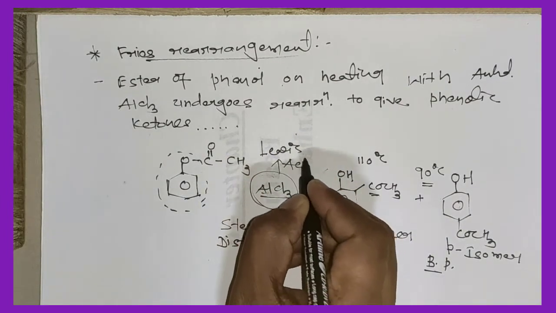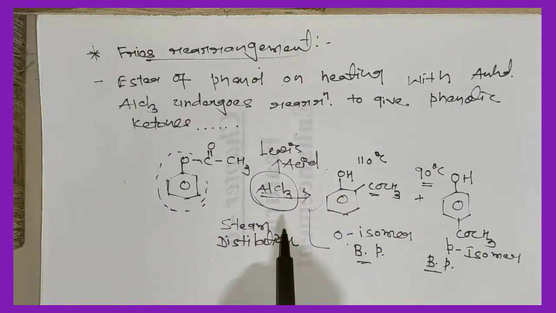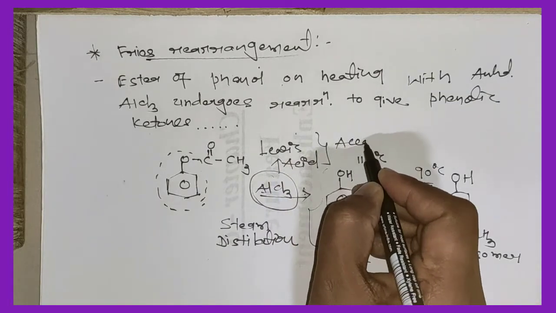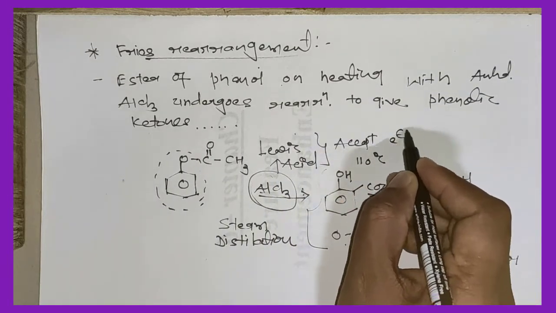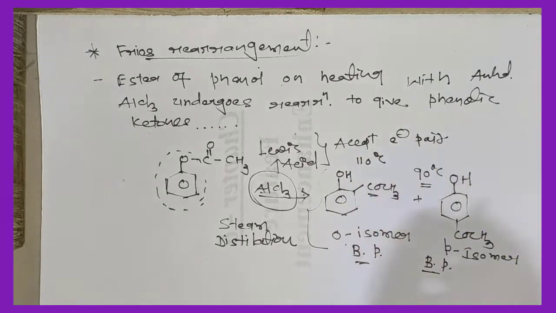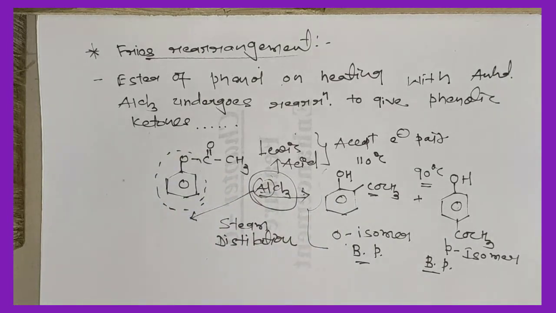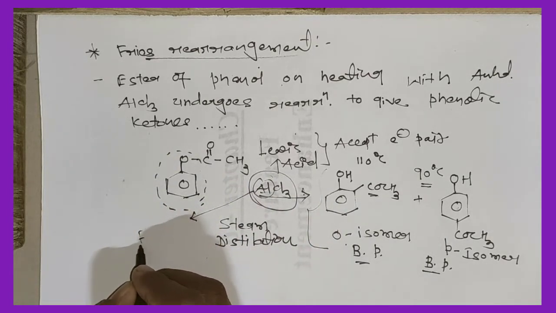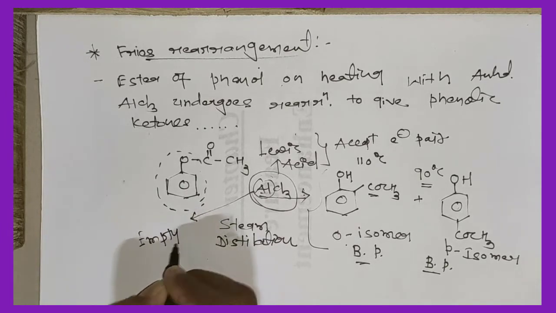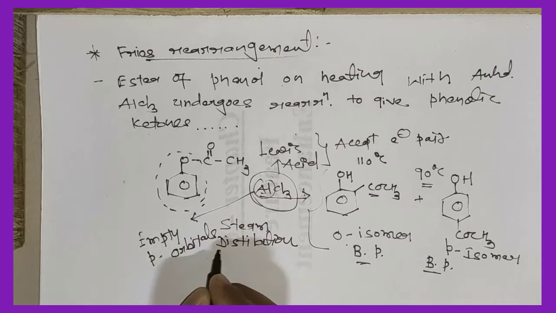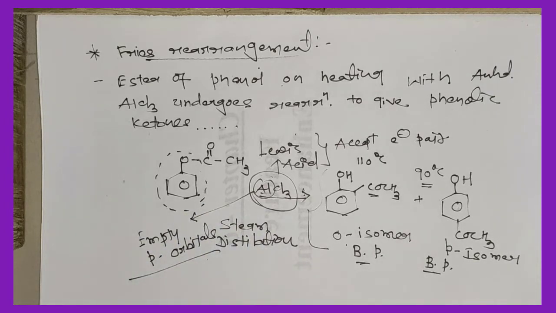Now one important thing is that here aluminum chloride acts as a Lewis acid. As we know, a Lewis acid always accepts the electron pair. Why does it accept the electron pair? Because aluminum has empty p orbitals. If we write down the electronic configuration of aluminum, we realize that aluminum contains an empty p orbital.